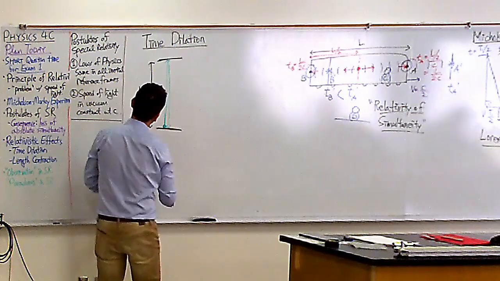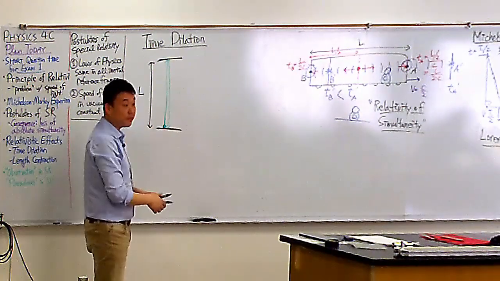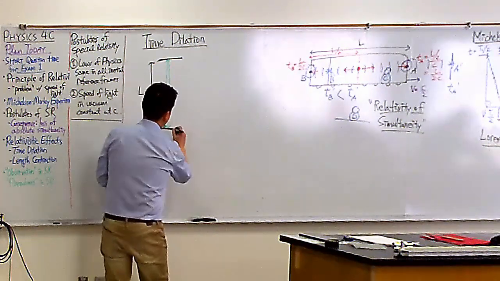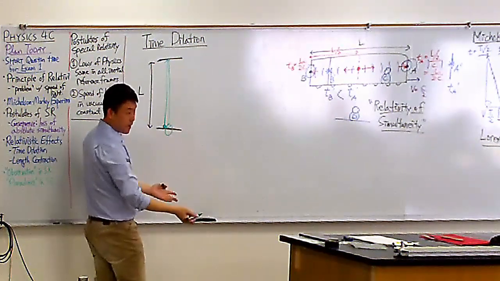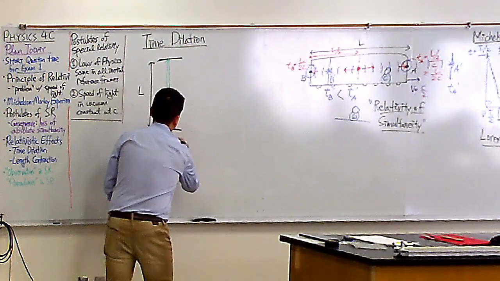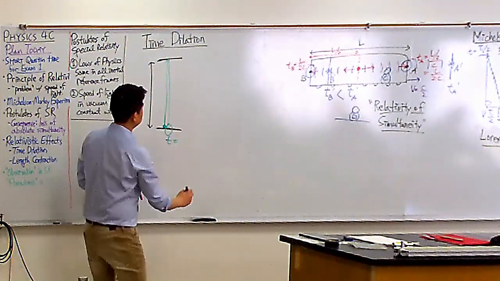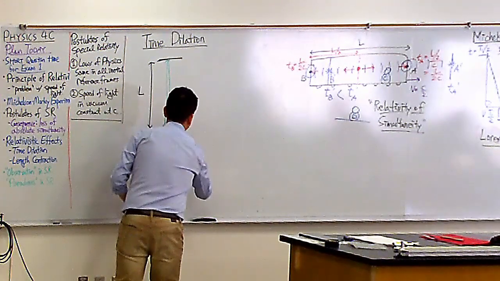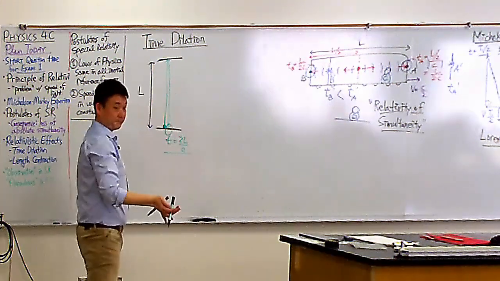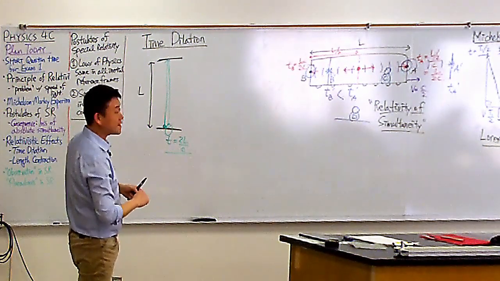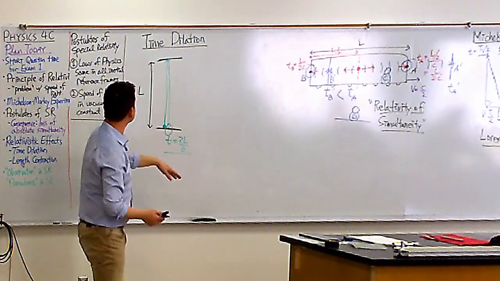So as it goes up and comes down, some amount of time has passed. That amount of time t should be equal to 2L divided by c. Good?